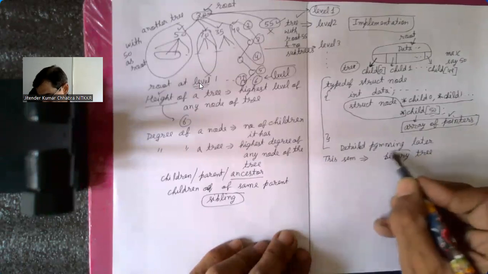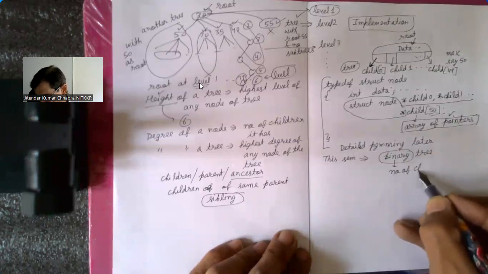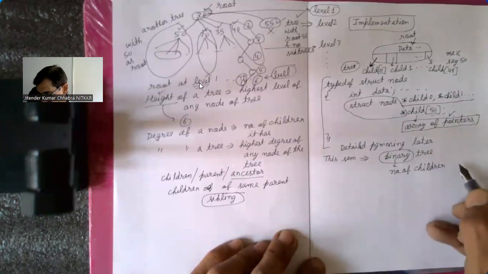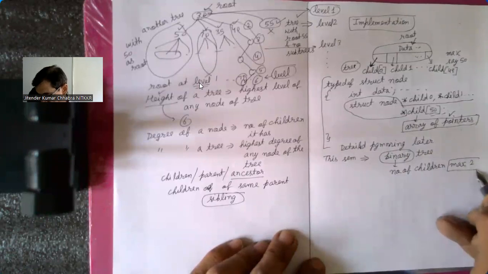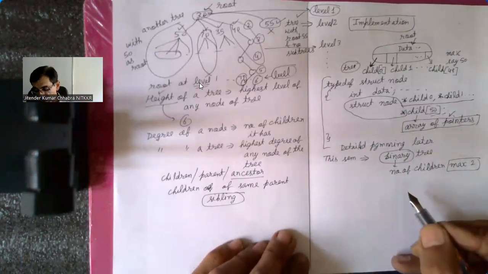Effectively, as it says, the number of children will be binary. We will not have 50 children or that many children allowed, because that means a lot of programming complexity, an array of pointers to be used. Binary tree means maximum 2 children. Of course, it has different kinds of applications also.